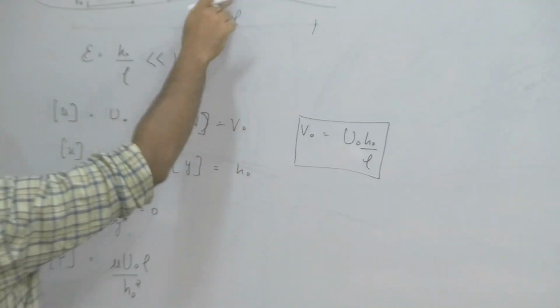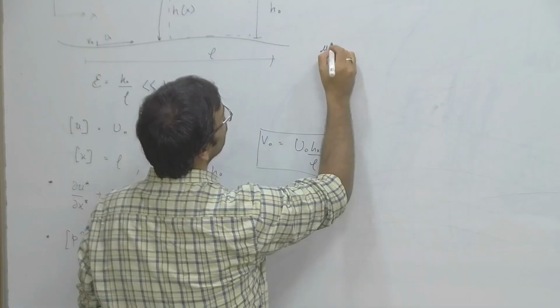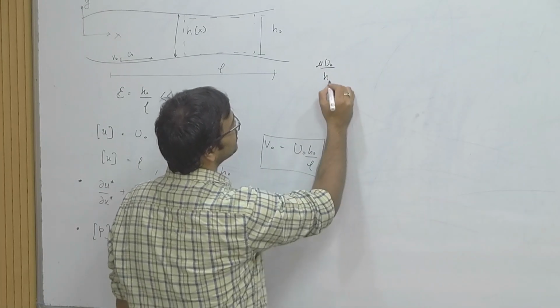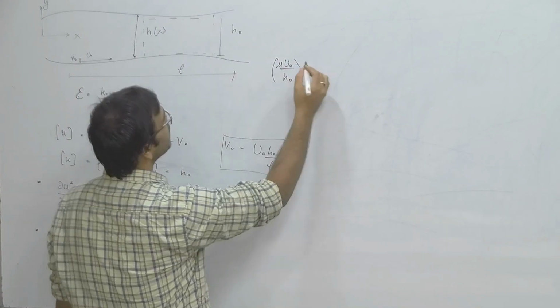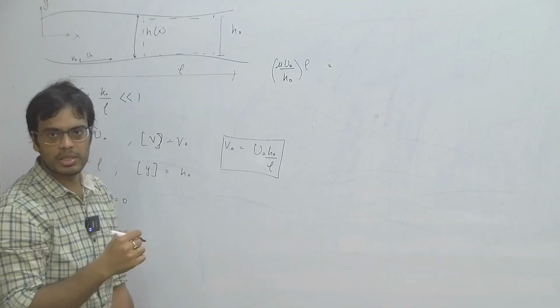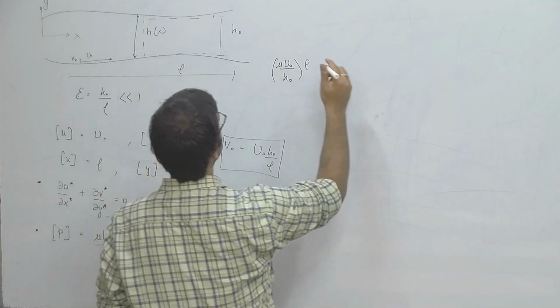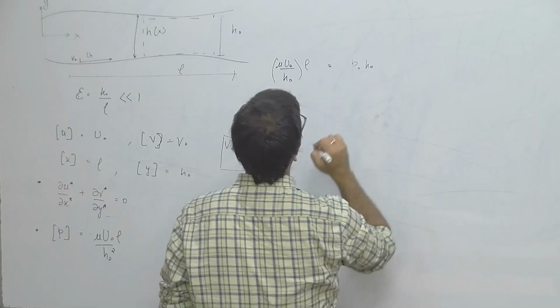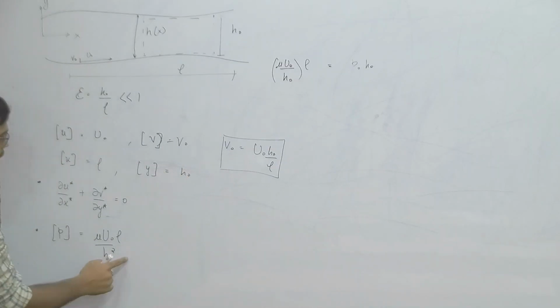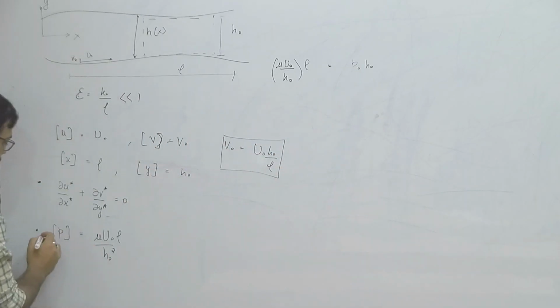So, if you have mu u naught by h naught as the viscous stress, and then you multiply it with L, this is the force per unit depth on a fluid volume. This should be equal to P naught times h naught, and from here you can get this pressure scale.